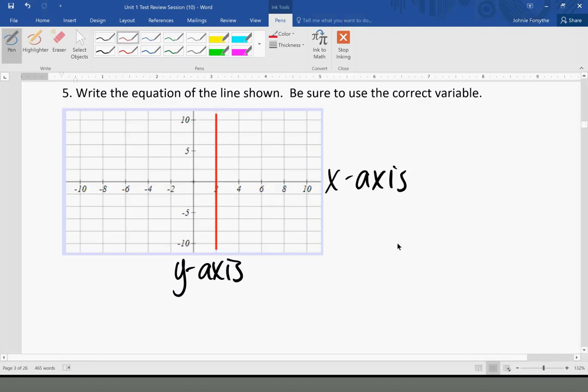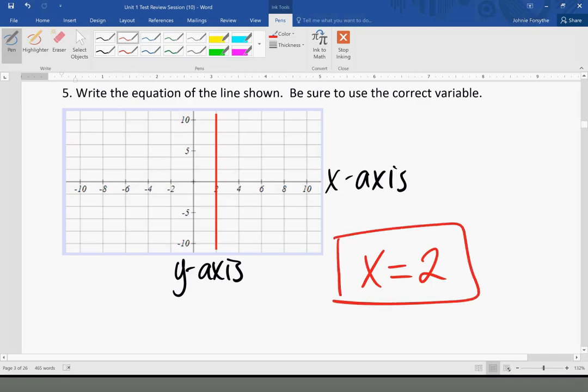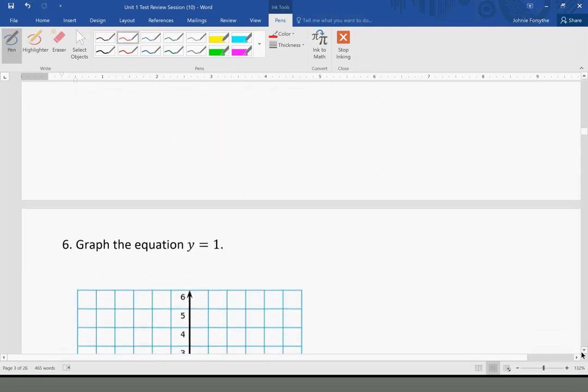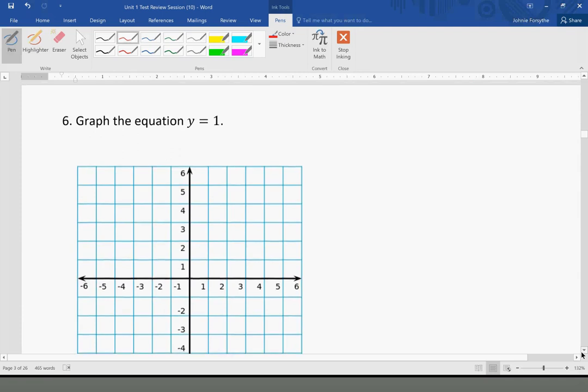So your equation of the line is going to be x equals 2. That is the equation of the line. Remember, the equation of a line must have an equal sign. Okay, x equals 2.